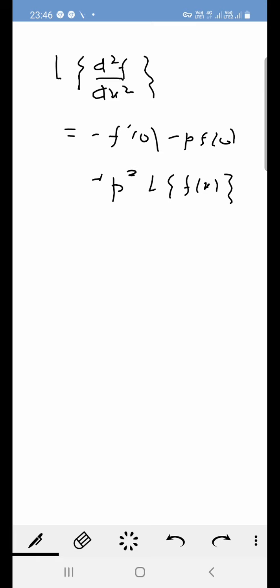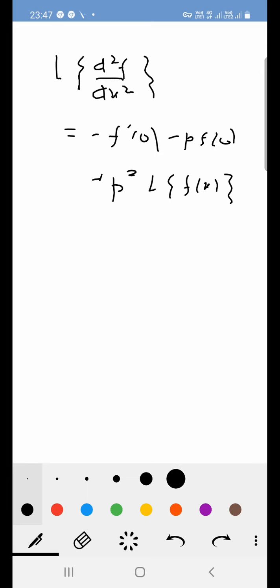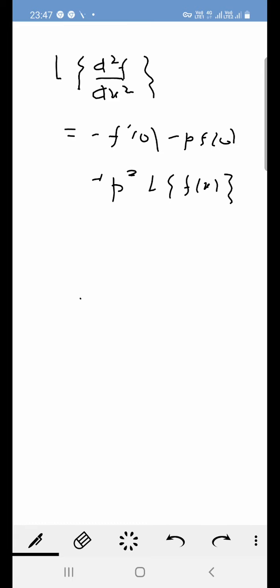So the next topic is to understand the convolution theorem involving the Laplace transform. We have the convolution theorem for Fourier transform.